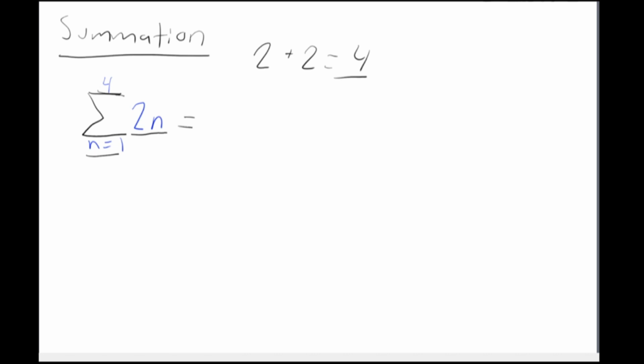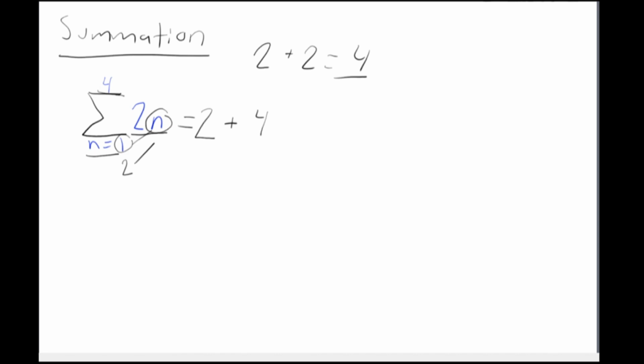So if we plug in a value of 1 for n right here, we get 2 times 1 is 2. So that's our first term. And then we're going to increase n by 1. So we're going to plug in a 2 for n. 2 times 2 is 4, so our next term is going to be 4.